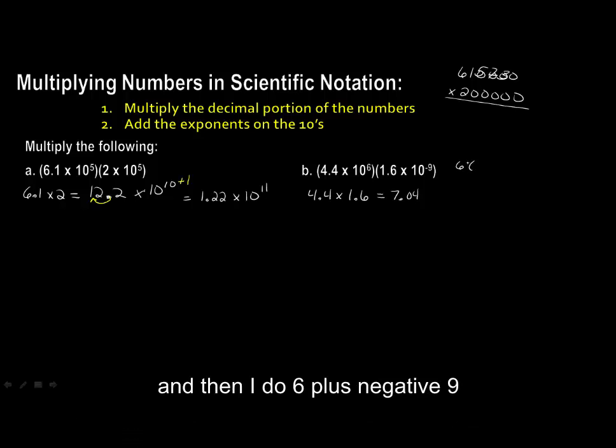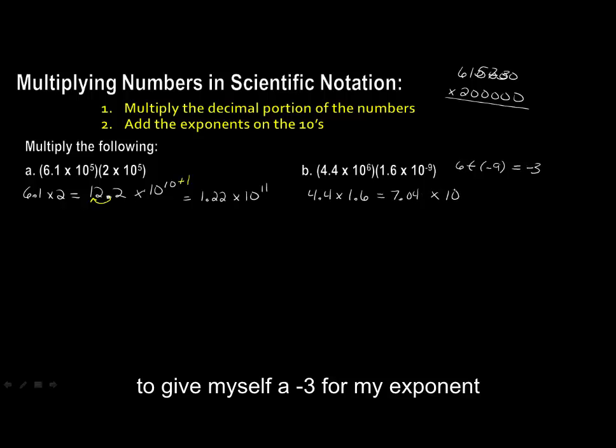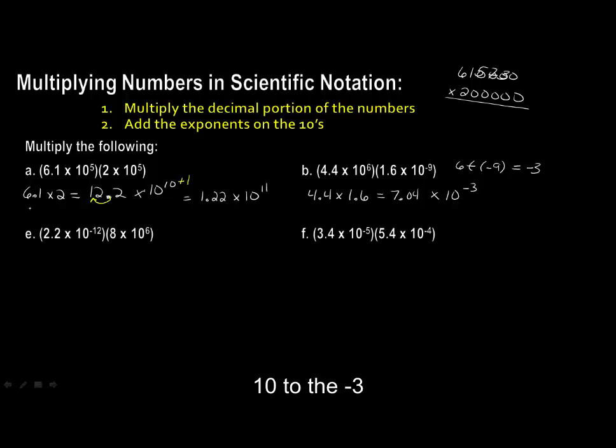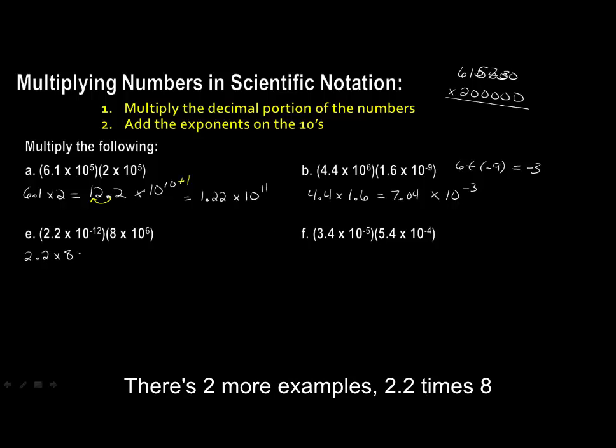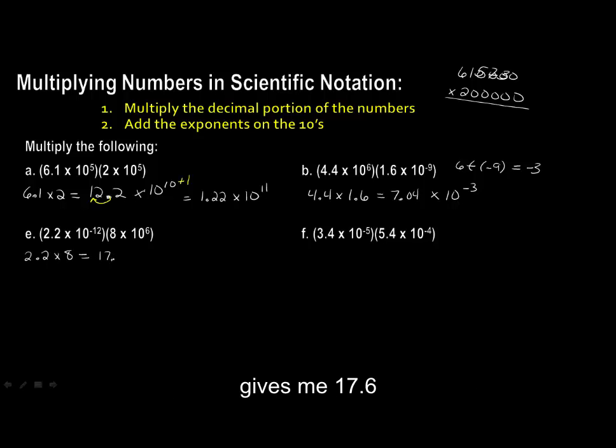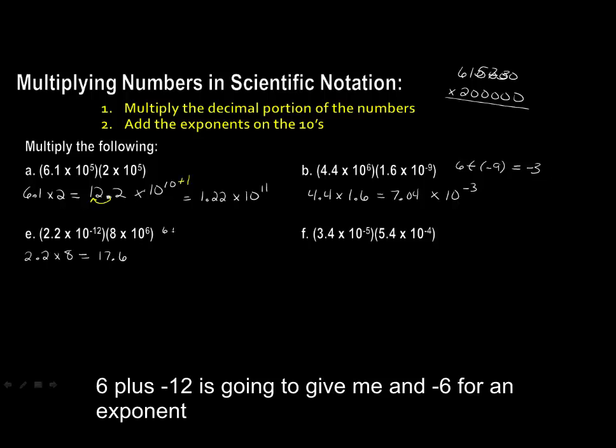And then I do 6 plus negative 9 to give myself a negative 3 for my exponent, 10 to the negative 3. There's 2 more examples. 2.2 times 8 gives me 17.6. 6 plus negative 12 is going to give me a negative 6 for an exponent.